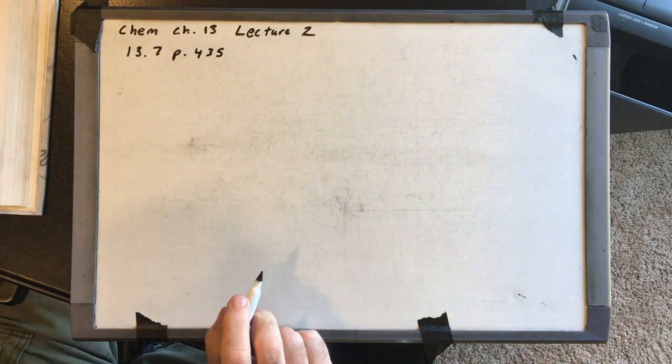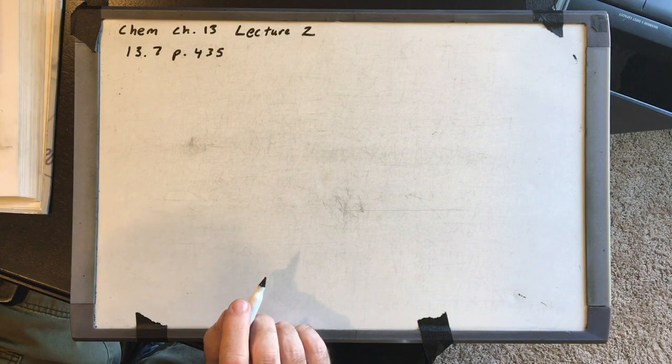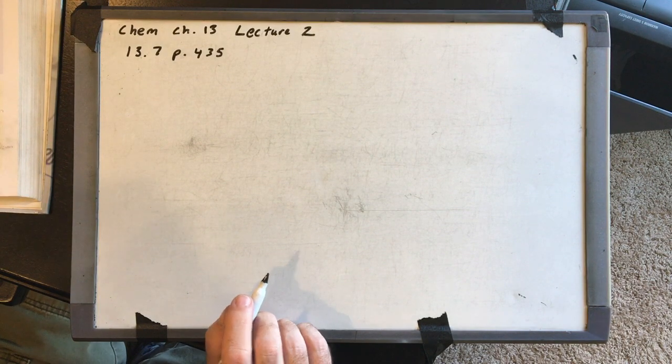All right, 13.7 says, when mined, coal has a small amount of sulfur in it. When that coal is burned in a power plant, the sulfur burns right along with it, producing SO3 gas. When the SO3 gas reacts with water in the air, it produces sulfuric acid according to the following equation.